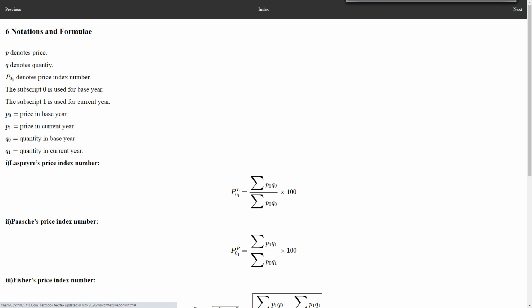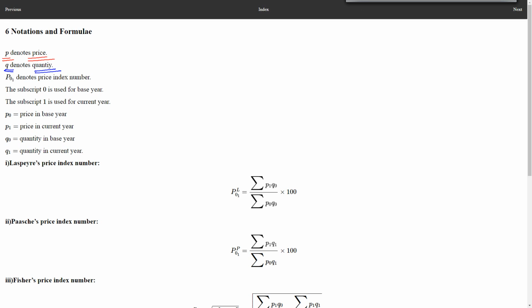The small letter P denotes price. The small letter Q denotes quantity.